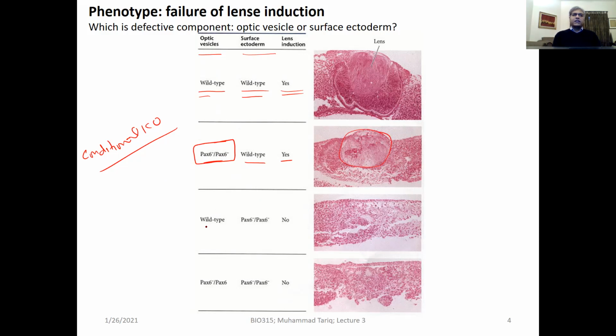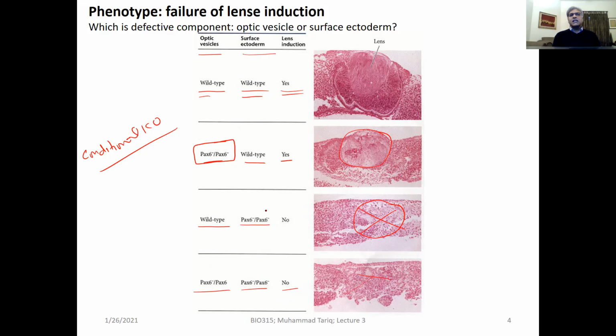Now, what you did next: you have optic vesicle which is wild type for PAX6, but the surface ectoderm lacks PAX6, minus minus. No lens formation, nothing. And if you have both minus minus, again nothing.